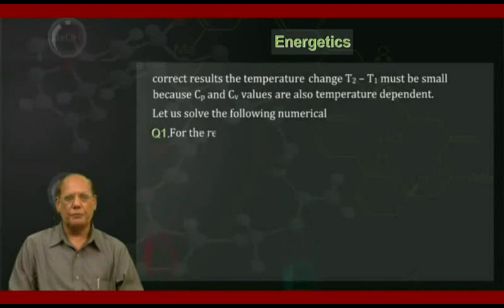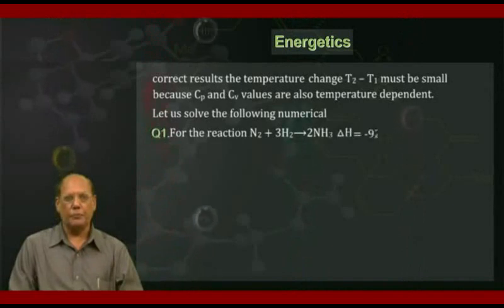The question is, for the reaction N2 plus 3H2 giving 2NH3, delta H is equal to minus 92 kilojoule at 27 degrees Celsius.